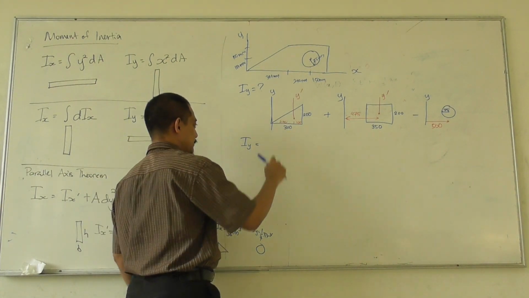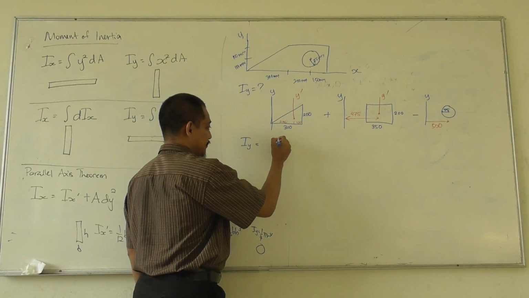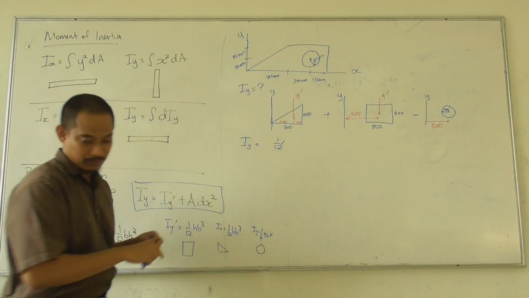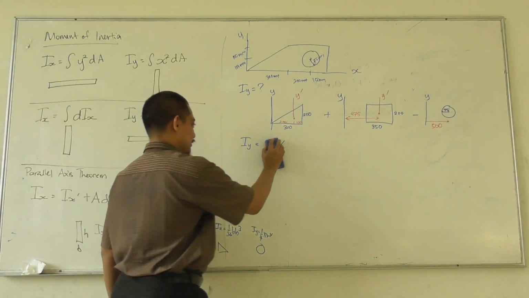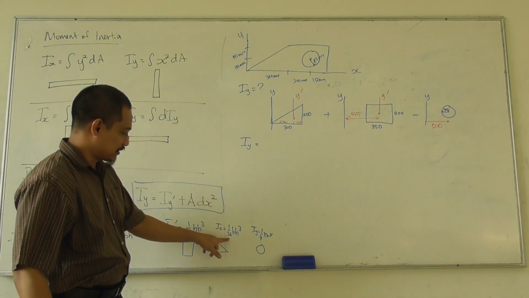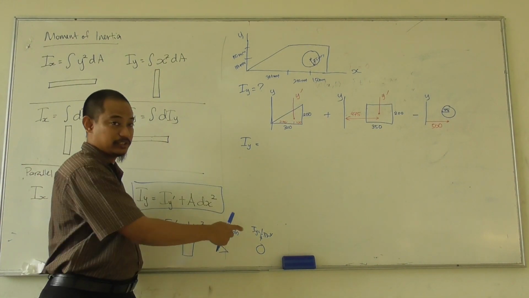So in this case, Iy prime is 1/12... Okay, sorry, not 1/12, I made a mistake. This is not a rectangle. This is a triangle. So meaning 1/36 b h cubed for Ix. For Iy it is just 1/36 h b cubed, right?